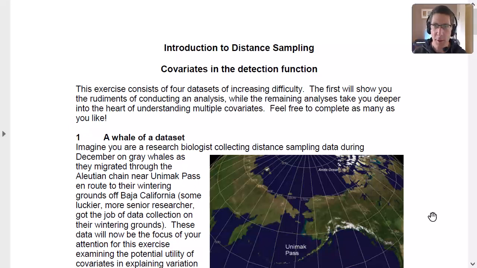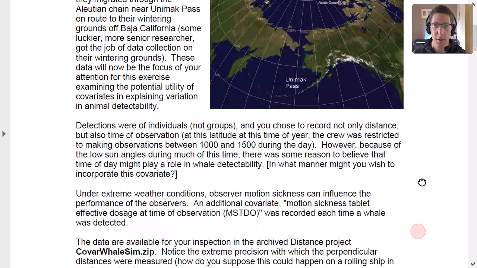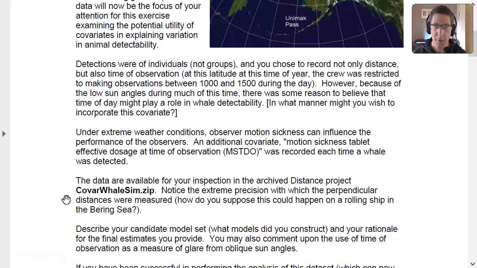The first one is actually a simulated data set. It's this whale of a data set question, and the data are available in a project called Covar Whale Sim. And these data relate to migrating whales.